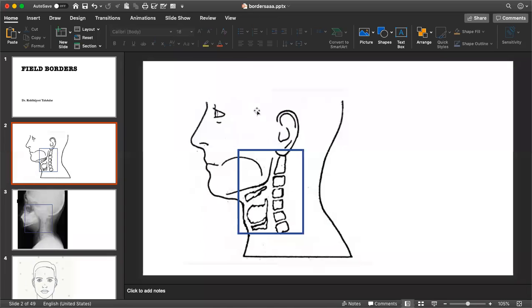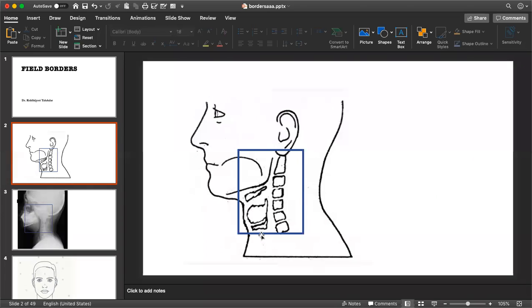On the affected side, your weightage would be more, and you would be using a 15-degree wedge, and on the opposite side, you will not be using any wedge. That way you can pull the isodose curve towards the affected side in spite of using a bilateral field. And that is how essentially your borders would be.